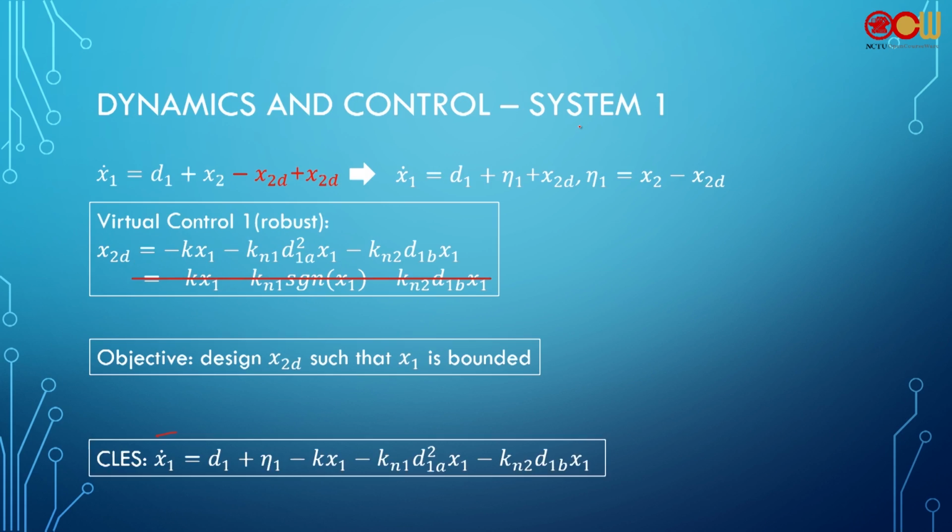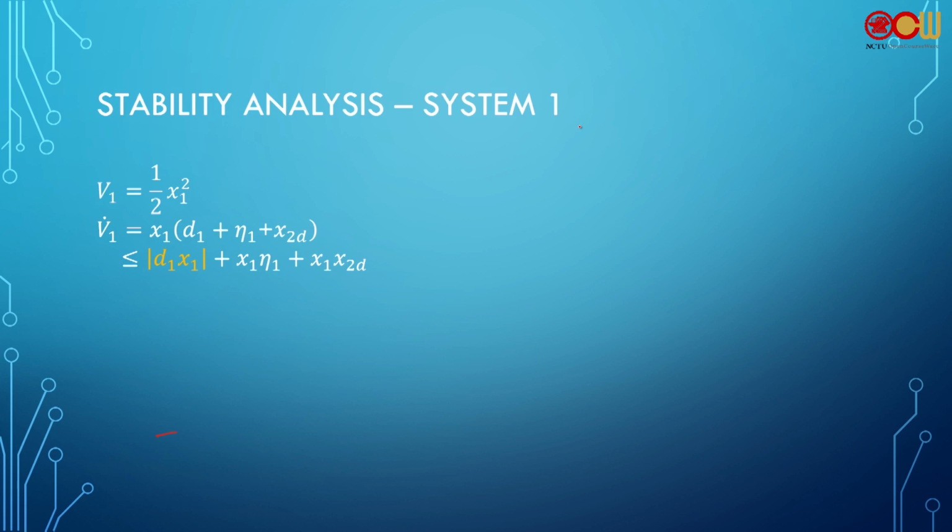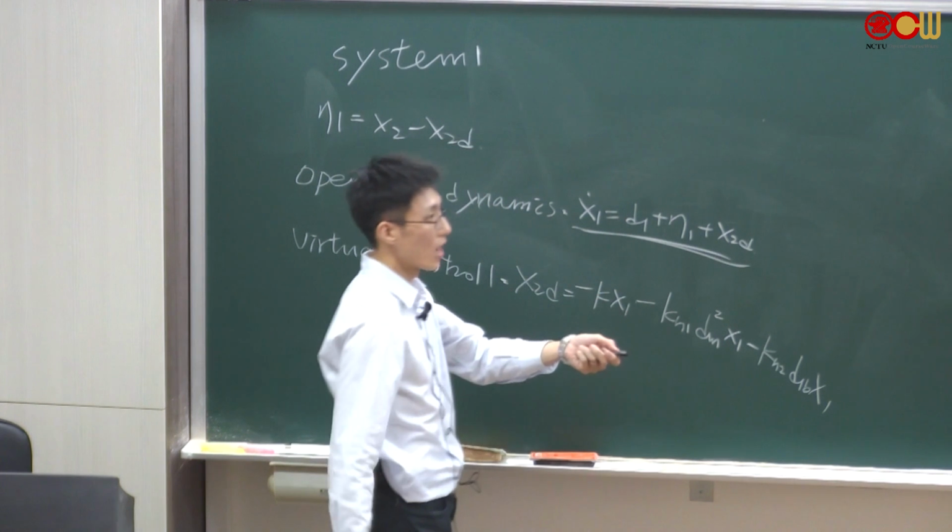So when you take the time derivative, you have x1 dot, and you substitute this open loop dynamics.